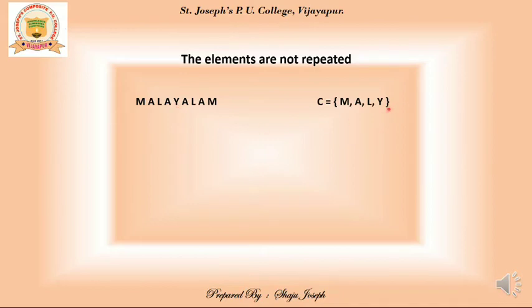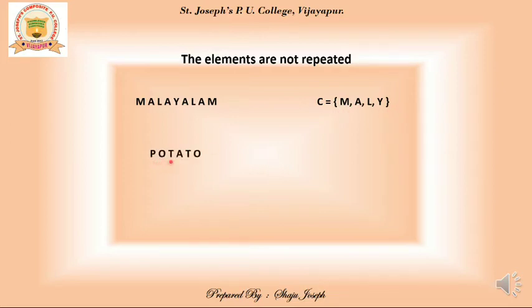Y, it's a new letter, so I write Y. Again A, which will not be written, already written there. L again, repeated, so won't be written. A, repeated, so won't be written. M has already been written, so won't be repeated again. So the four distinct letters M, A, L, Y are the only elements written from this set. So this is how a roster form looks.